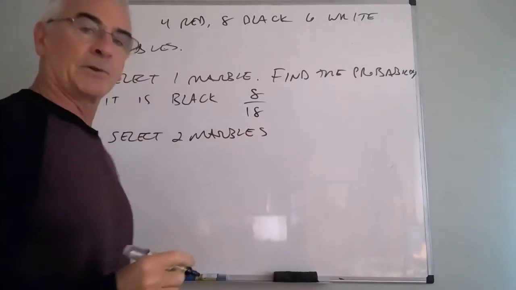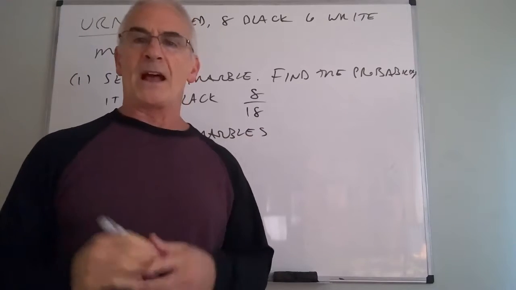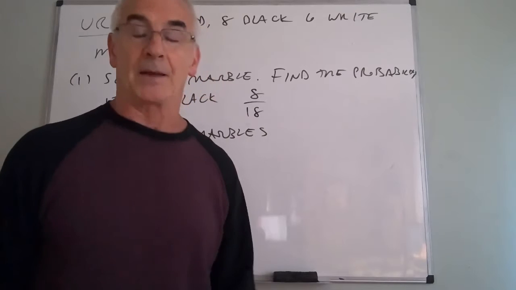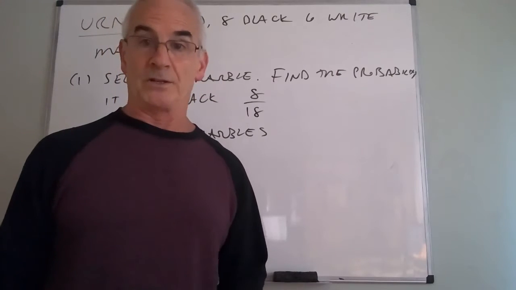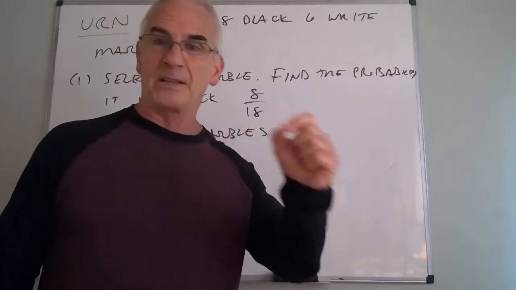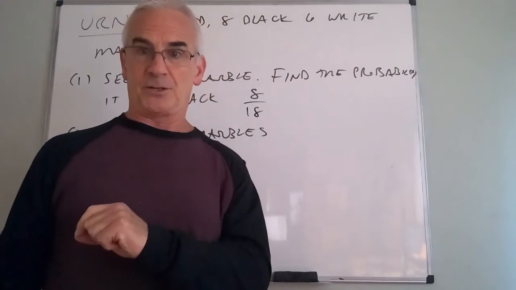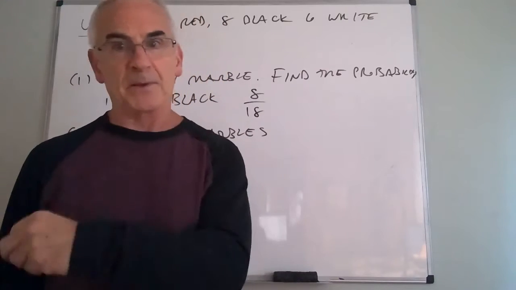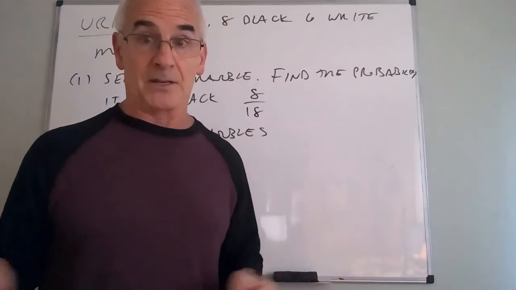Now there are two possibilities. Let's say we're going to select our marbles one at a time. I'm going to select two marbles one at a time. But am I putting the marble back before I make the second selection, or am I keeping the marble? That actually makes a lot of difference.